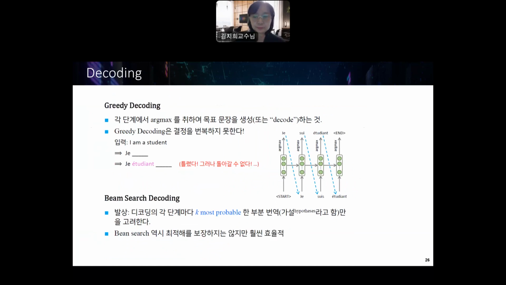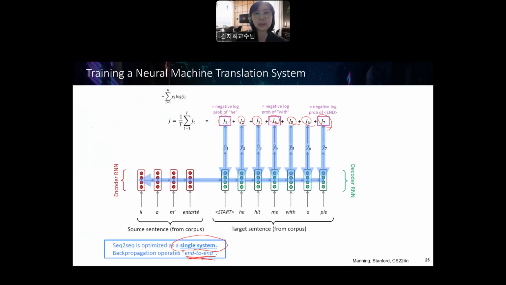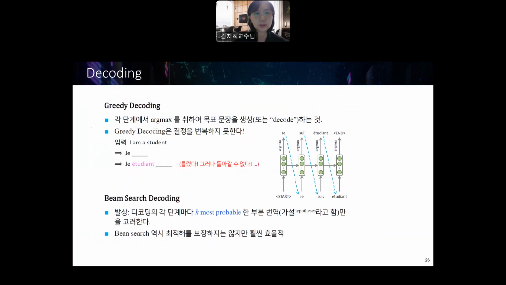And one thing we should check is the decoding. Decoding means creating. Once this model is fully trained, we start generating words. When we generate, the generation uses the input and the hidden state, but also the output of the previous state.